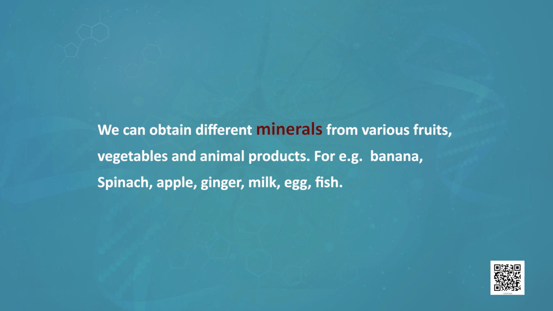We can obtain different minerals from various fruits, vegetables and animal products. For example, banana, spinach, apple, ginger, milk, egg and fish. The uptake of these nutrients and their utilization by the body is called nutrition.